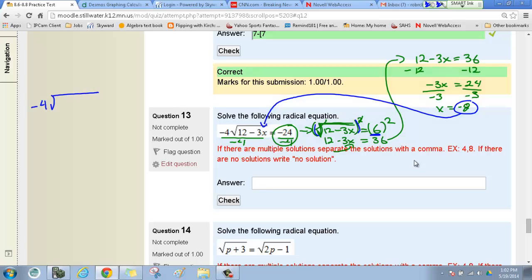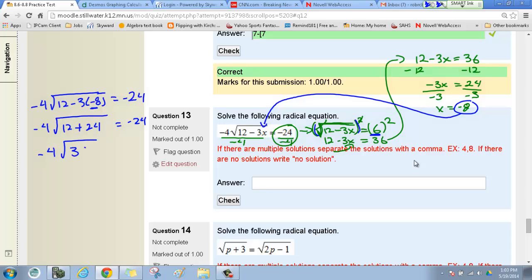So I got -4 square root of 12 minus 3 times -8 equals -24. Well, this is -4 times the square root of 12 minus -24, but it's positive 24 because we got the double negative right there, equals -24.